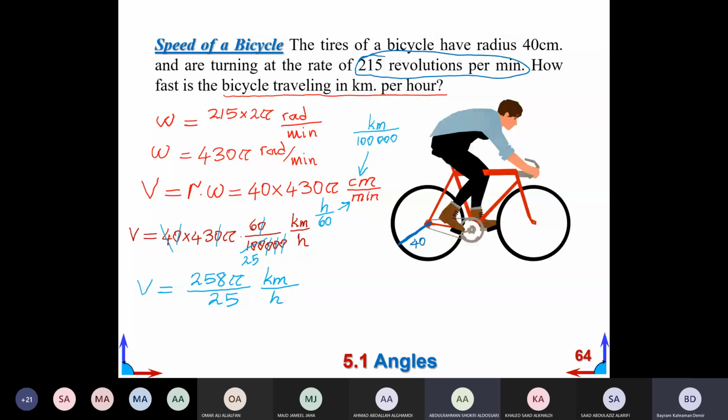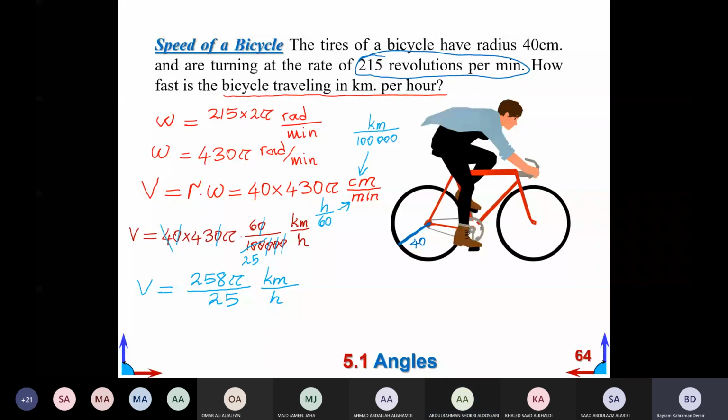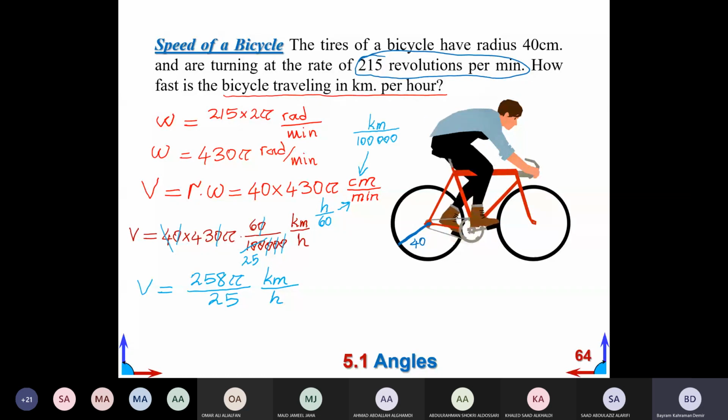No, by 3.14. So it is 810.12 divided by 25. So it will give you approximately 32.4 kilometer per hour. Yeah, it is normal for a bicycle, right?